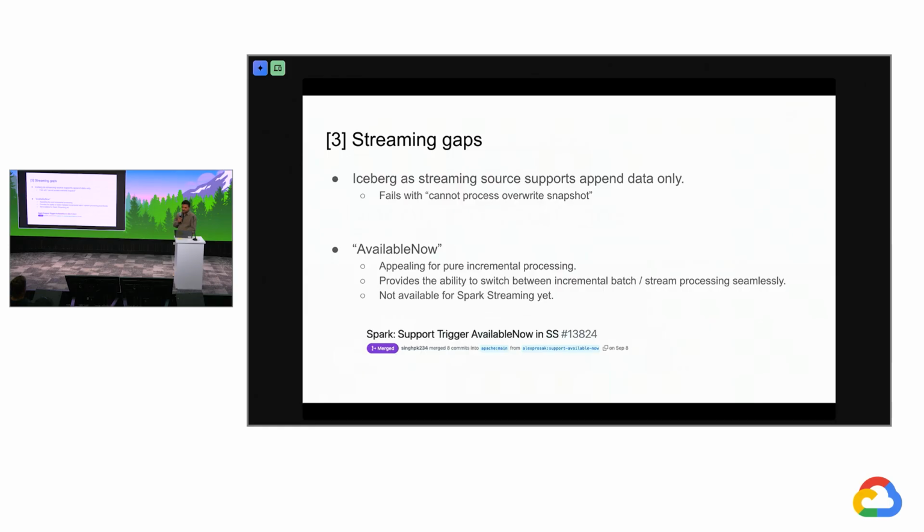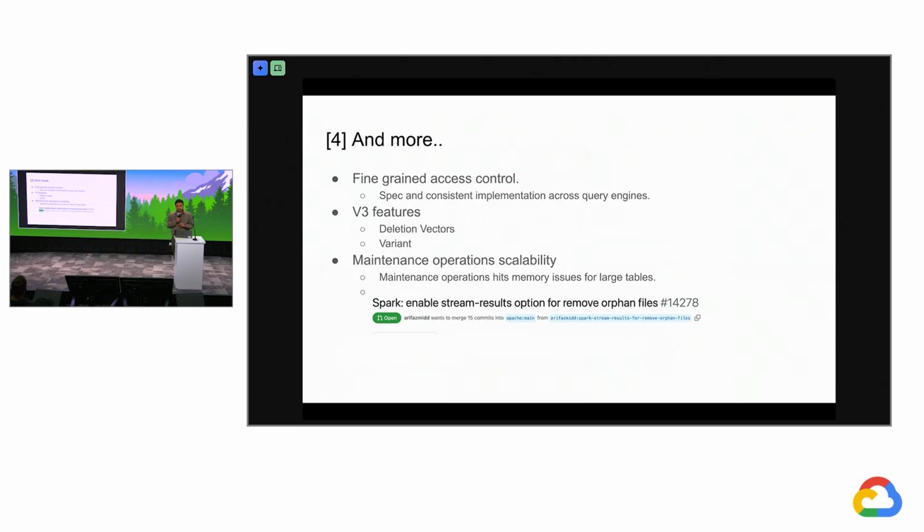So that is streaming. There are a few more that we are looking at in the future. One is fine-grained access control. Very briefly, it's that certain columns shouldn't be accessed by certain users, or a portion of the rows should only be accessible for a certain set of users, right?